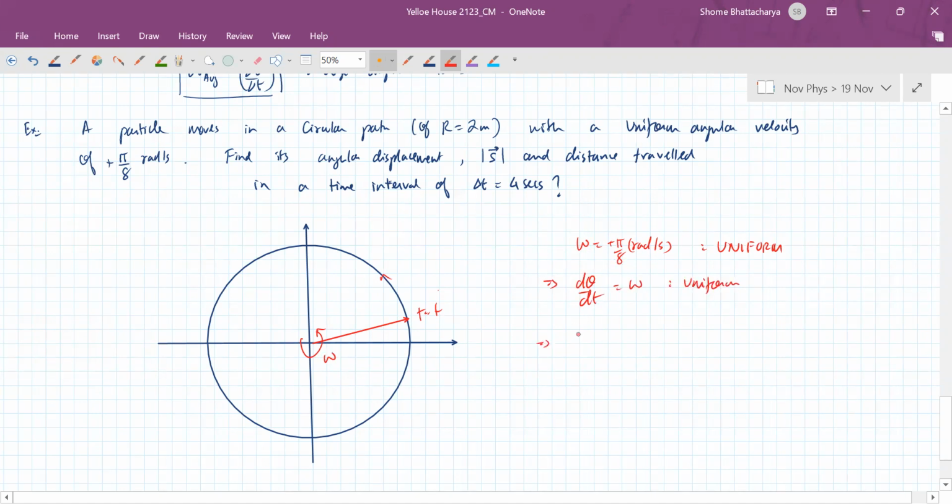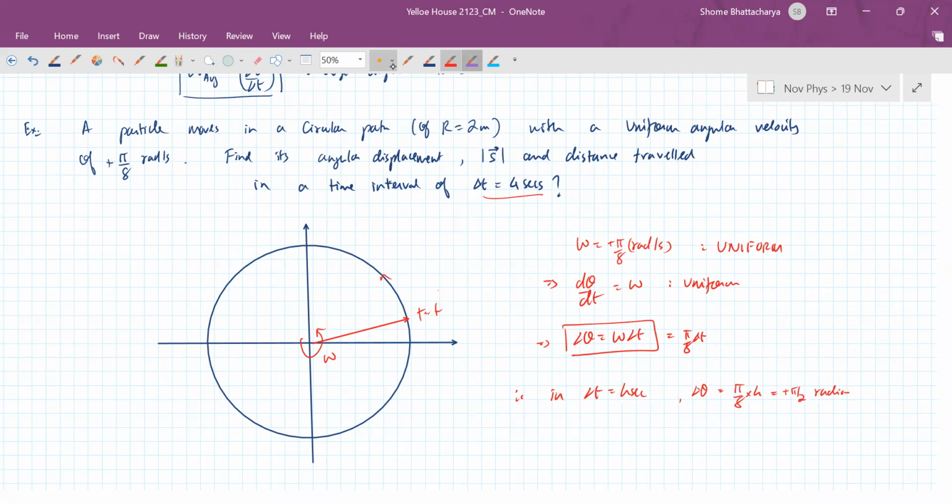Further, that will tell me that the angular displacement in any time interval is equal to omega delta t, which is pi by 8 delta t. So, in delta t equal to 4 seconds, the angular displacement will become plus pi by 2 radians.